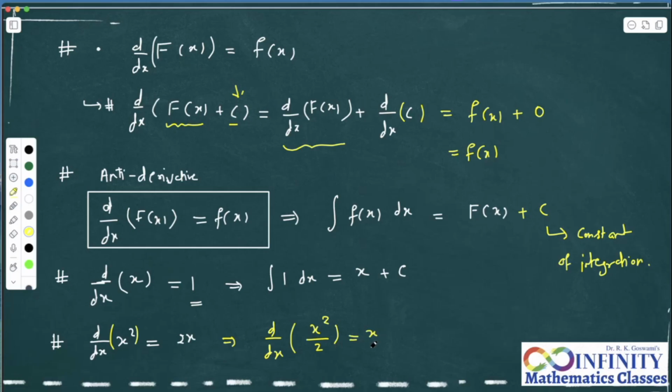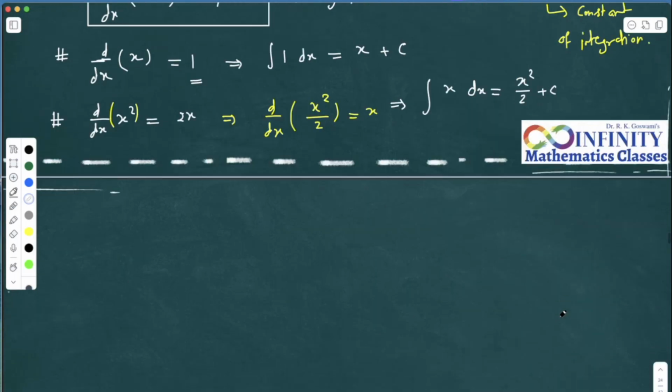It'll be 2x over 2, which is simply x for you. Am I right? So that means the antiderivative will play a role. What is the integration of x? You will tell me it is x square by 2 plus c. Do you agree?